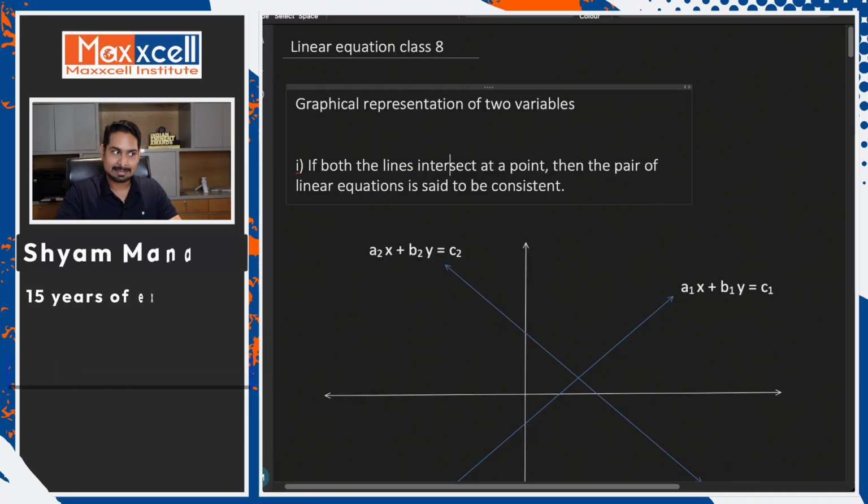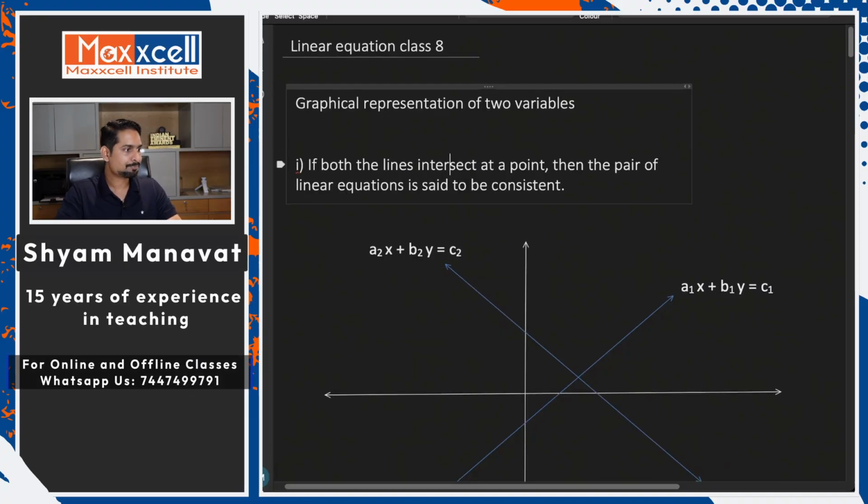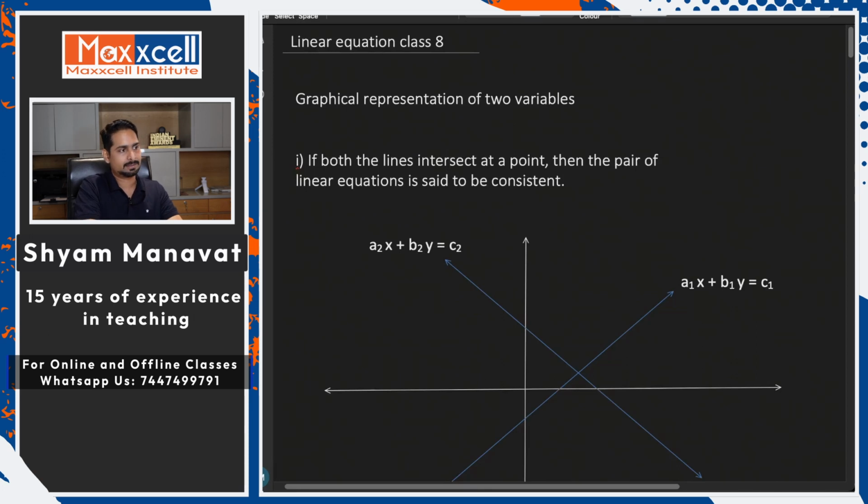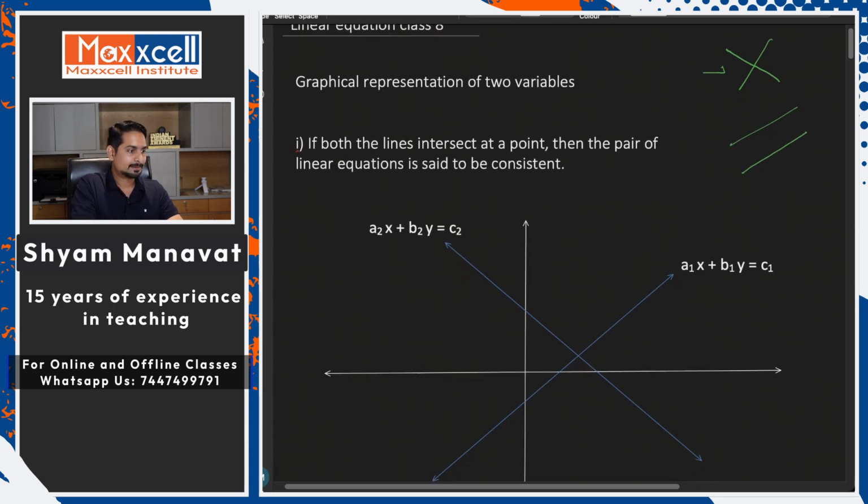Two variable linear equations. Now in general, if you draw two lines, either they will intersect or they will not intersect. When they intersect, for example, here you have the x-axis and y-axis.